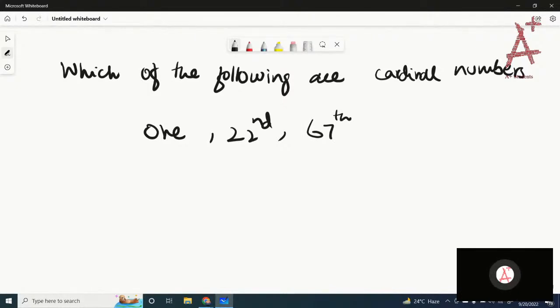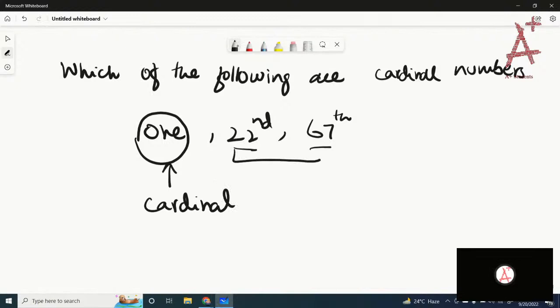Which of them are cardinal? Only the 1 is cardinal, because you can just count by one, but 22nd and 67th tell you the order of something. Got it? So the only cardinal here is 1. The other two are ordinals because they are the order of something. Got it?